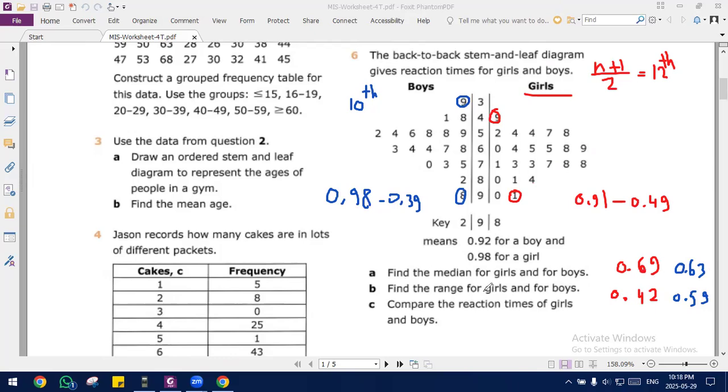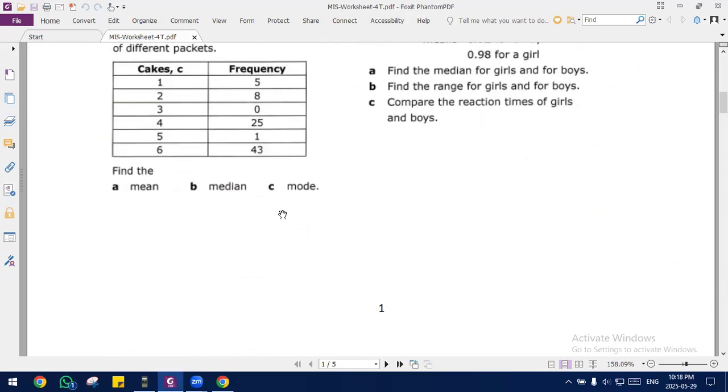Then, for the range, who's higher? Boys. So we say boys have a higher range, or wider range, than the girls. So you just compare the values that you have. You compare the averages. That was for question 6.